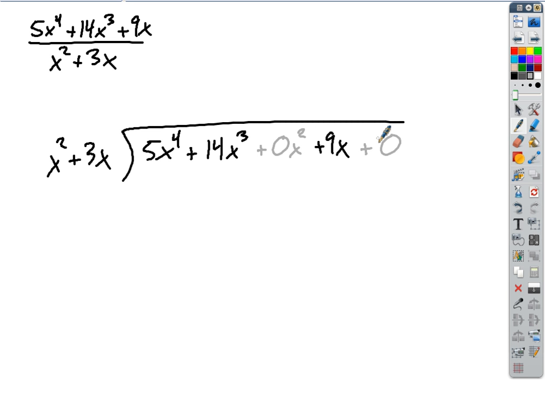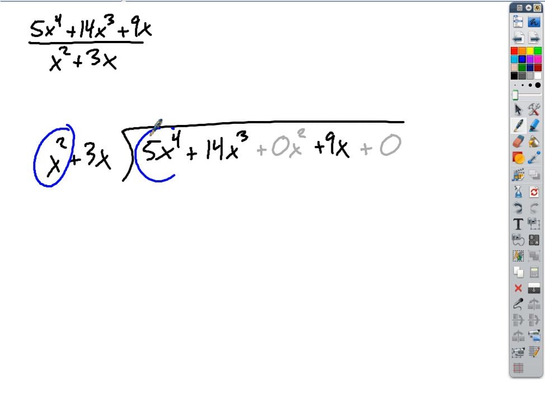All right, so first things first. How do we know what our first term of our answer is? We want to compare the leading terms, right? I want to ask the question, how many times does the leading term on the bottom, or outside, divide into the leading term on top, which is inside?